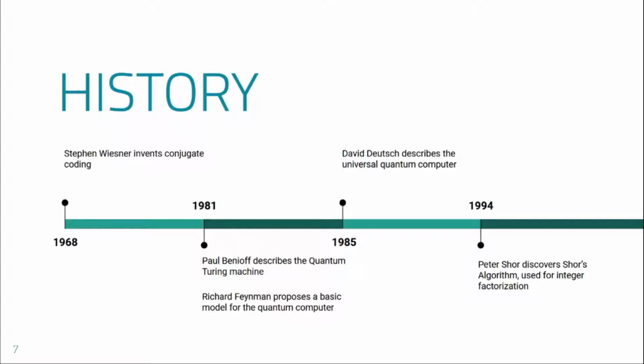And for that reason, integer factorization is used in the encryption of RSA, which is the encryption method used in storing personal data digitally and in websites as well. So this is a really important discovery.